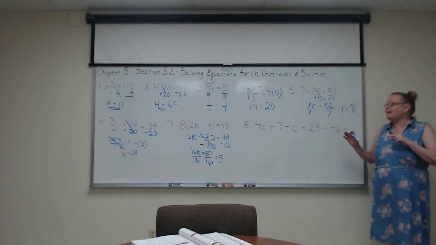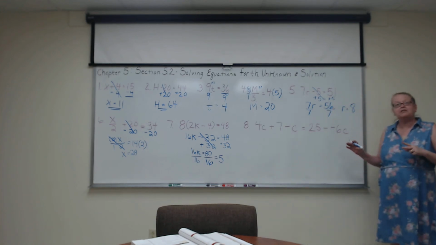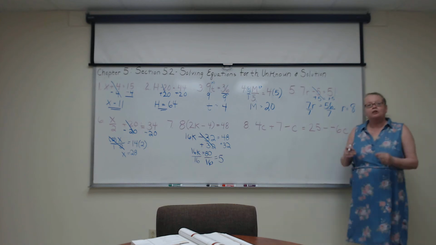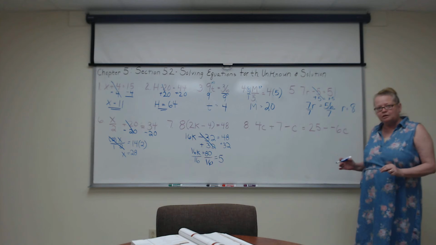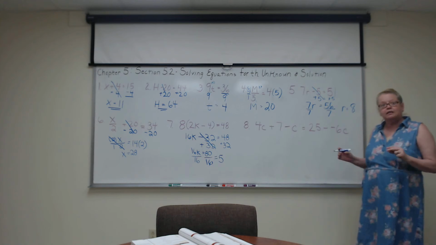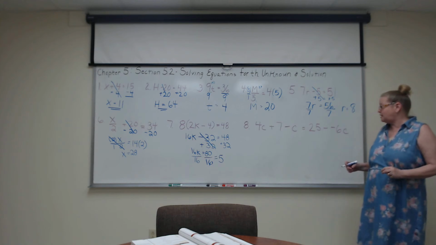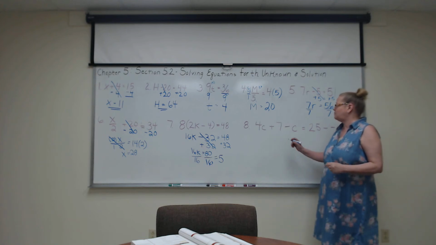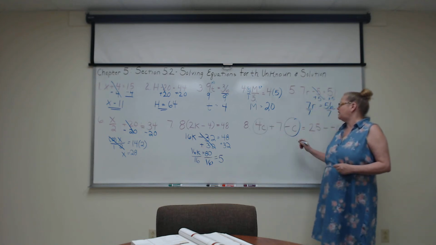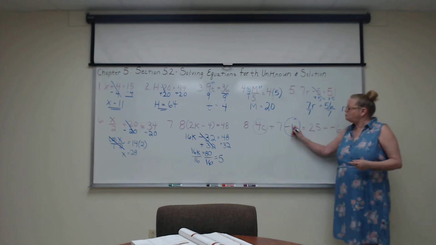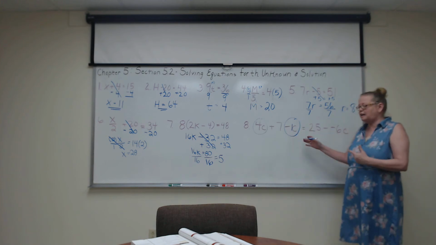What we need to do in this section is what we call combining like terms. So we put all the letters together, we put all the numbers together. But again, it's going to be a couple steps to do this. As we look at this, I want you to notice we have a 4C here minus C. If you remember, I always told you that a 1 is indicated as being there.